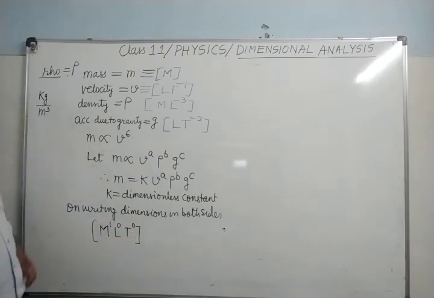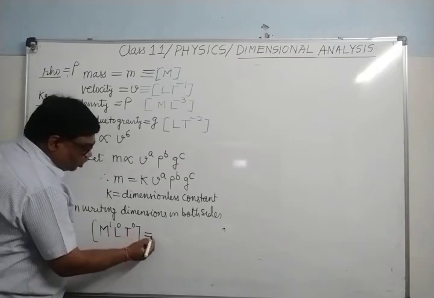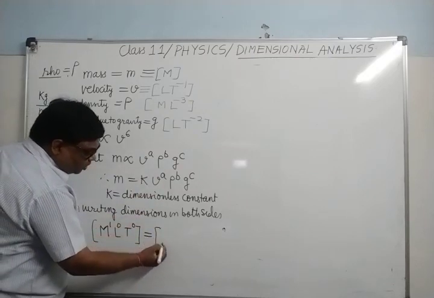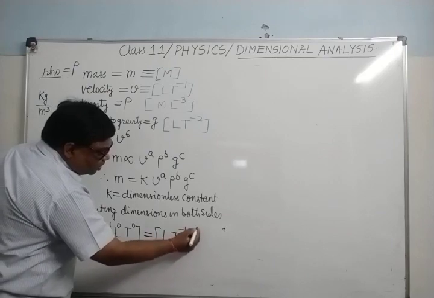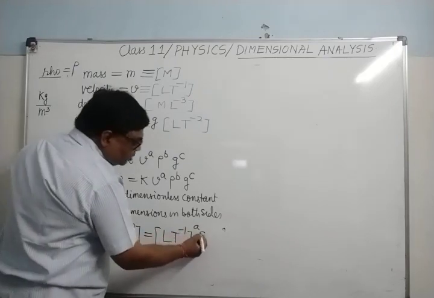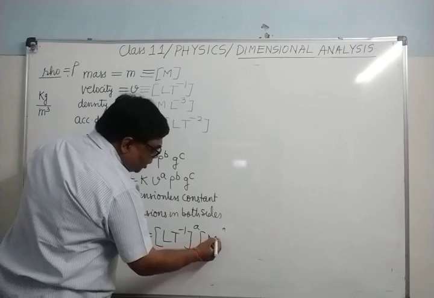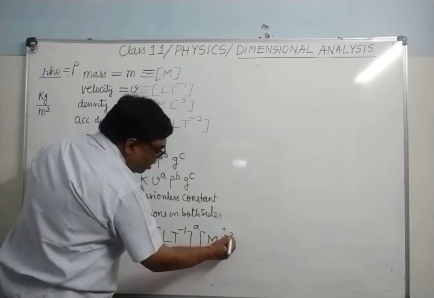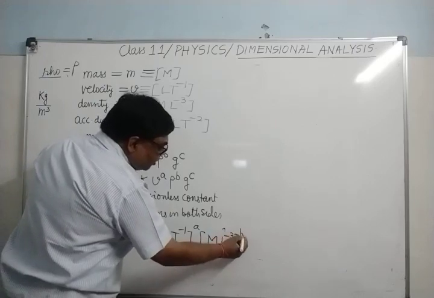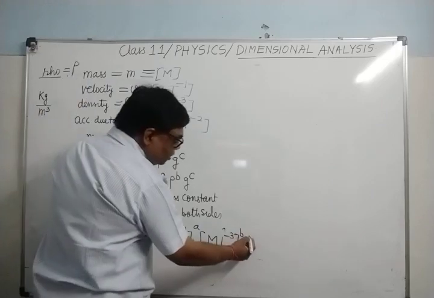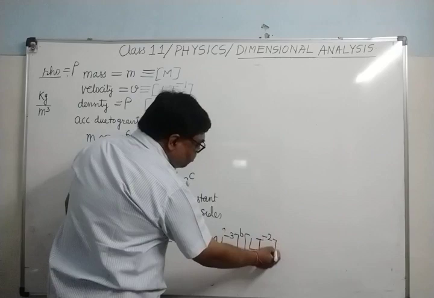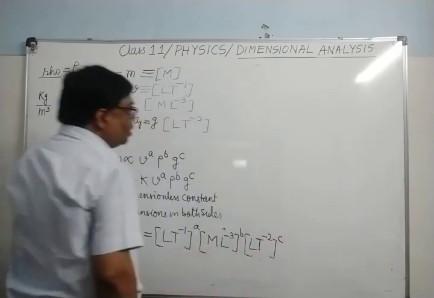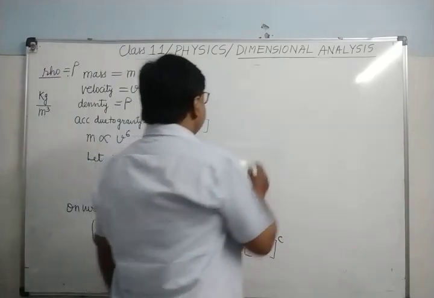You will write in MLT form. K has no dimension. V means LT^-1, power a. Then rho, ML^-3, power b. And g, LT^-2, power c. Now you simplify.